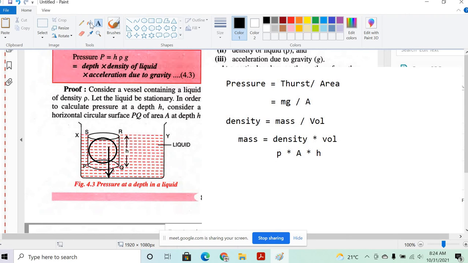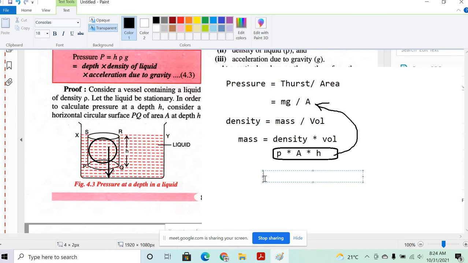Now we'll substitute this mass value in that formula, and the area gets cancelled. So what you get is H rho G, right? Yes, sir. So that is equal to the pressure.